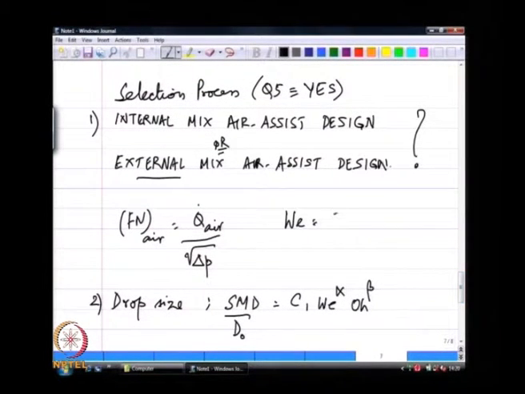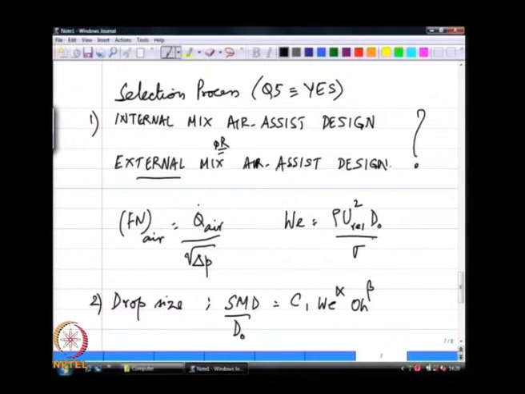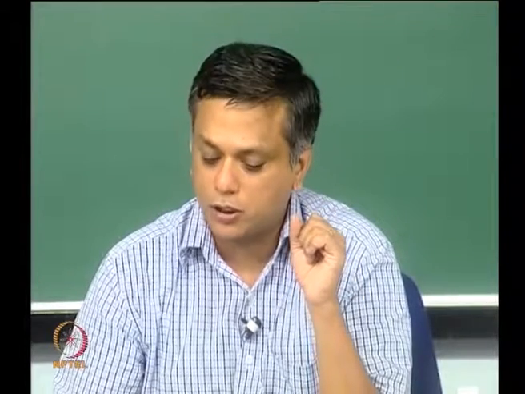The Weber number is defined as rho u relative squared d0 over sigma, rho being the air density, u relative being the relative velocity between the liquid film coming out and the air stream outside. D0 could be the diameter of the orifice through which the liquid film is coming out, and sigma is the surface tension of the liquid.